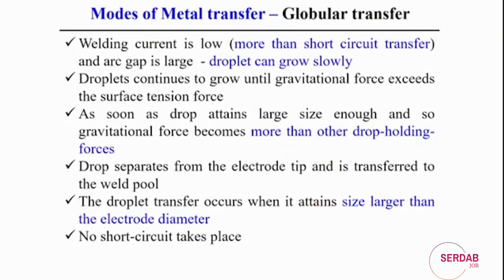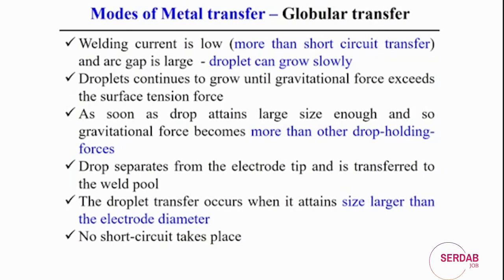Now we can see the globular transfer. In this form, the welding current is typically low, but not lower than that of the short circuit transfer.